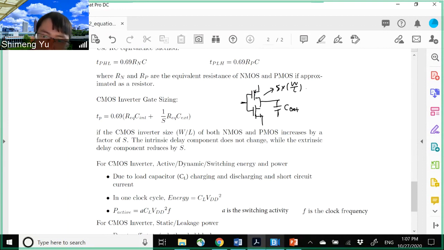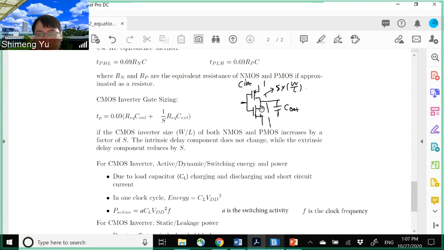You need to consider the intrinsic capacitance, coming from the gate capacitance and the overlap capacitance of the first inverter. Those capacitances will be proportional to the W. If you increase the W by S, then those capacitances will increase by S.